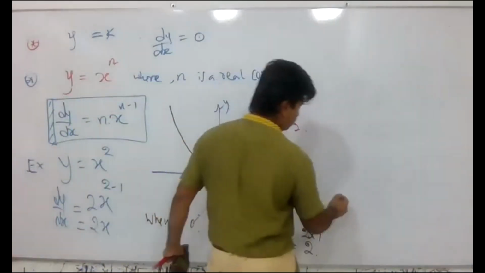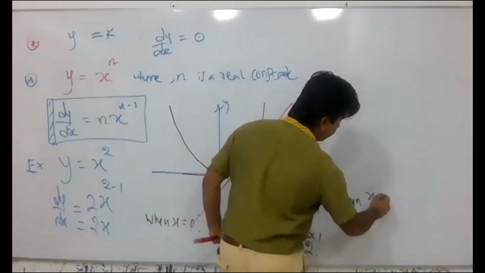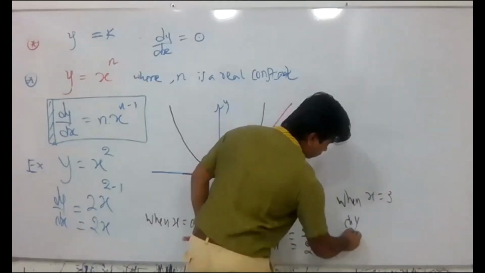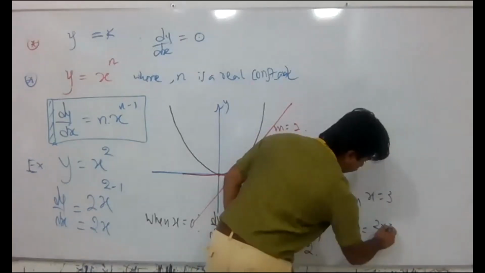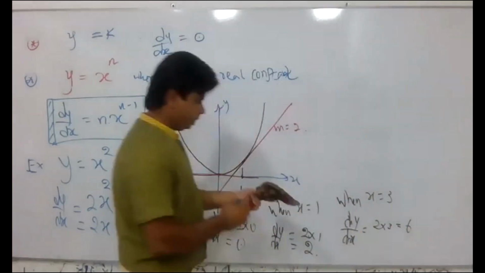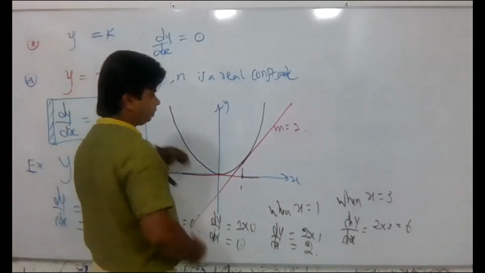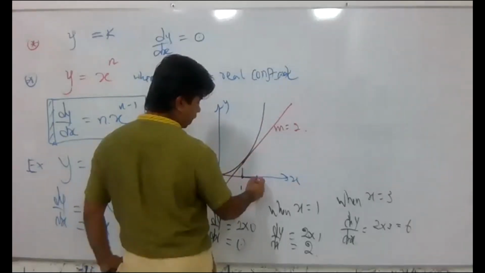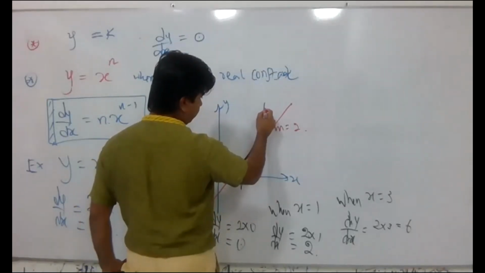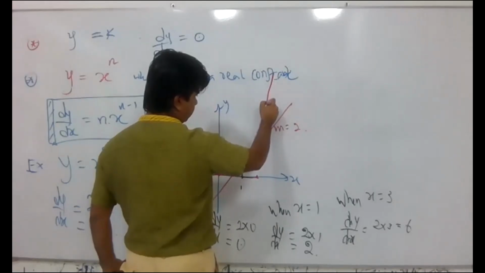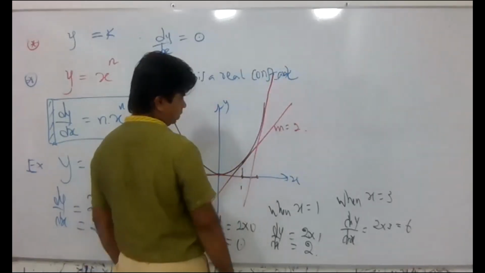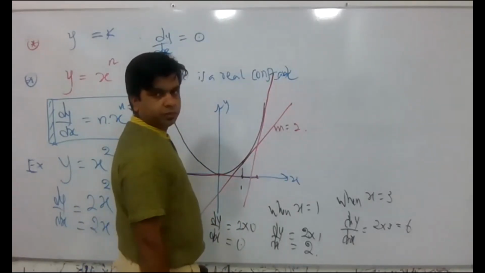If I ask when x equals 3, you can see that dy by dx equals 2 into 3, which means 6. And now if I draw a tangent somewhere here, then you will have a line with that much slope.